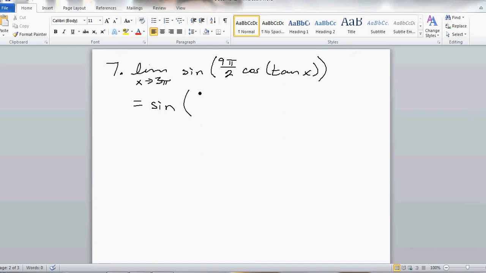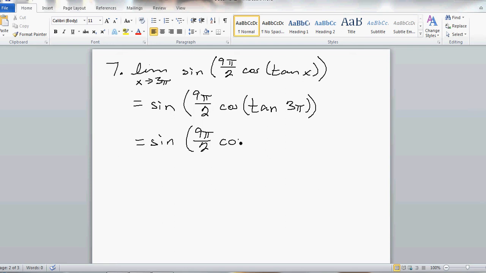This would equal sine of 9 pi over 2 times the cosine of the tangent of 3 pi. And we all are very good trig students because we remember that the tangent of 3 pi is equal to 0.